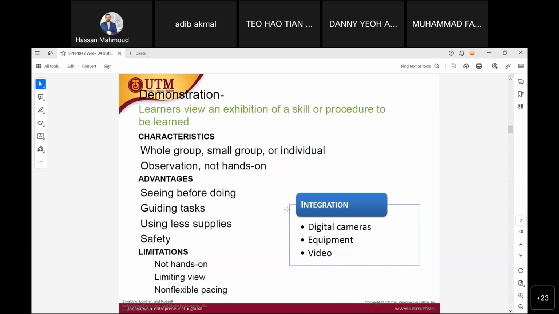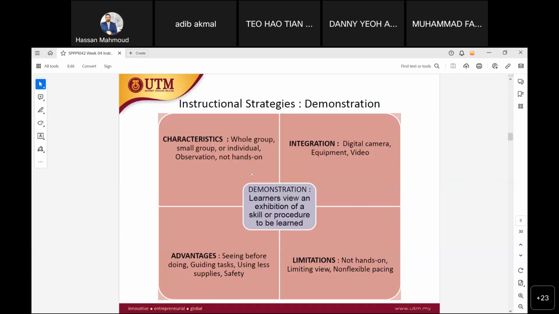When we're talking about demonstration, the characteristics: it could be applied for a whole group, whether it's small or big, and the students will be learning from observation. What we could integrate: camera, digital camera, videos to show them, so that they can actually repeat the video as many times as they need.